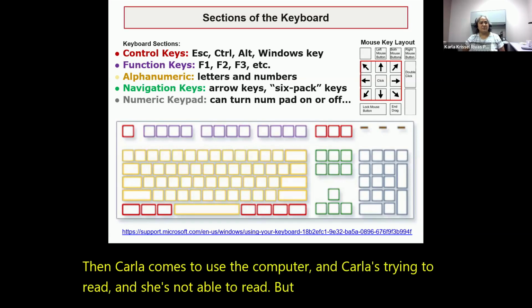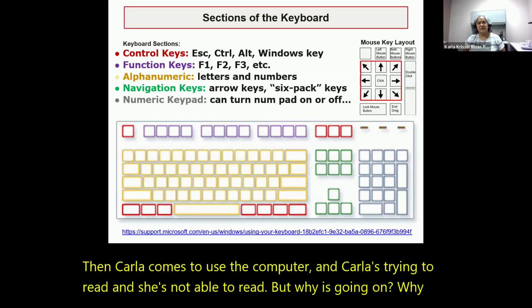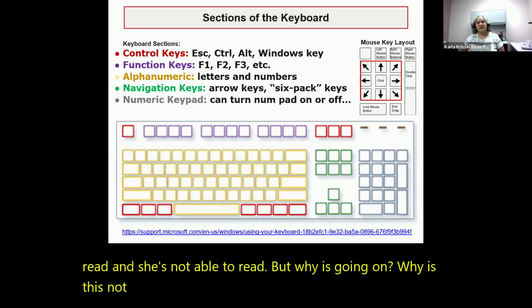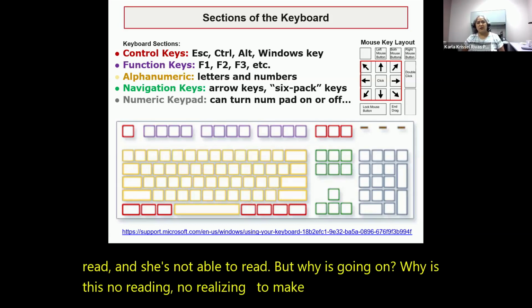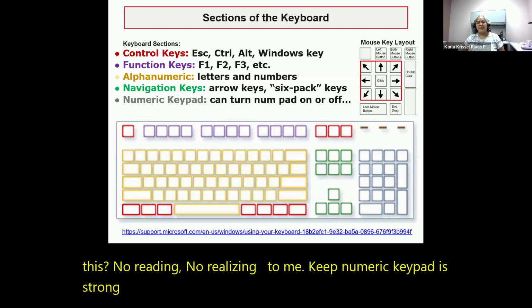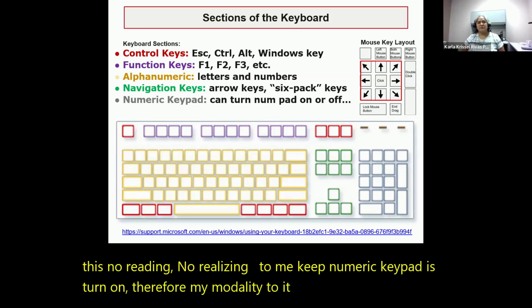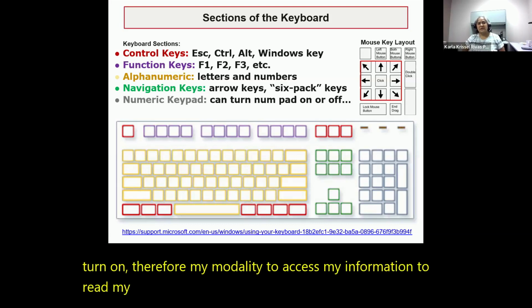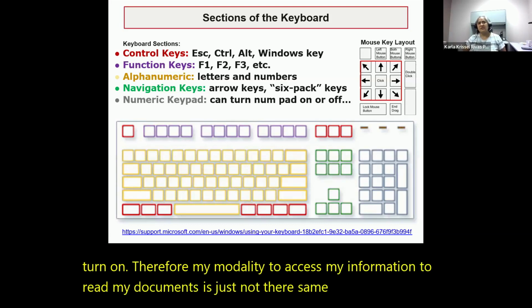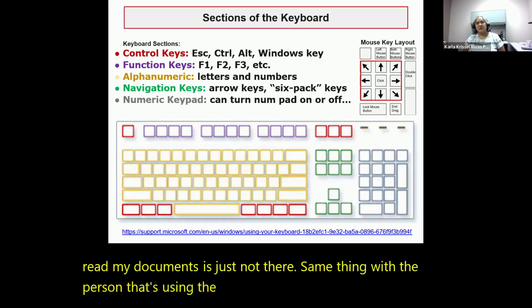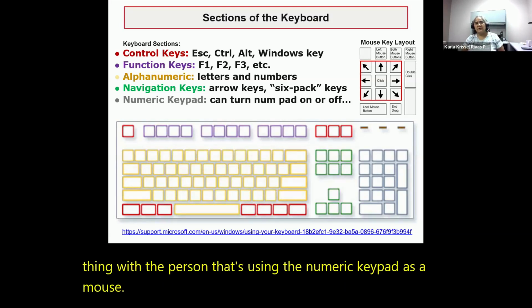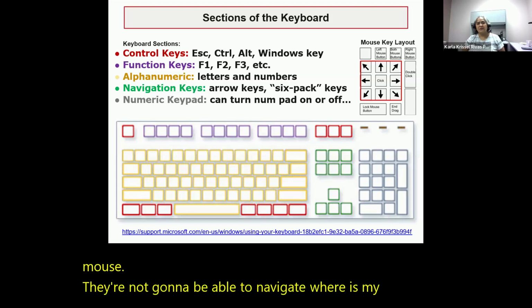What is going on? Why is this not reading? Not realizing that the numeric keypad is turned on. Therefore, my modality to access my information, to read my documents, is just not there. Same thing with the person who's using the numeric keypad as a mouse. They're not going to be able to navigate. Where is my mouse? It's not working.